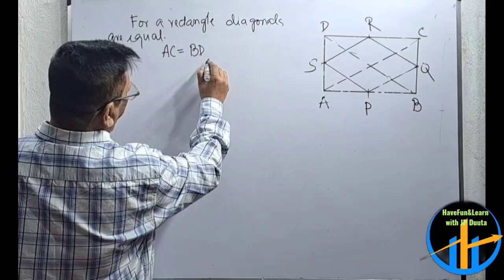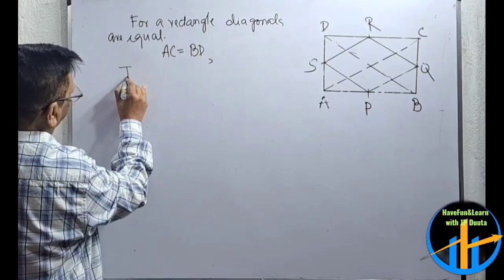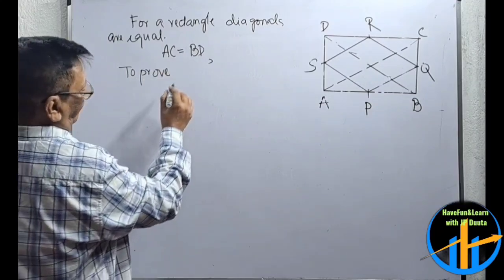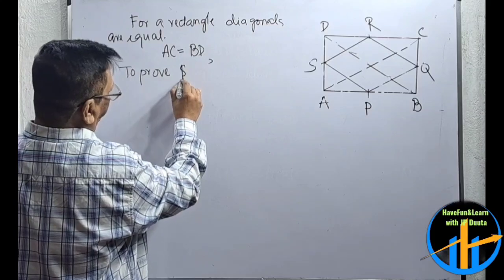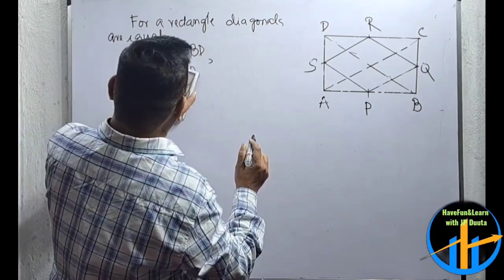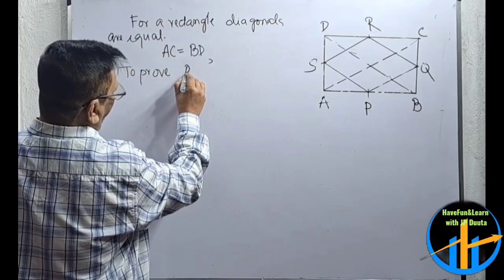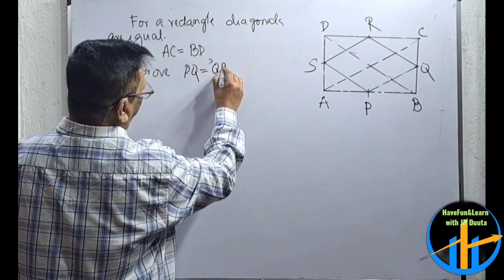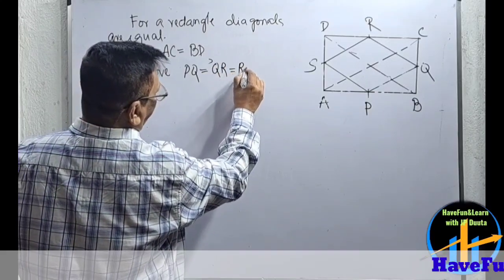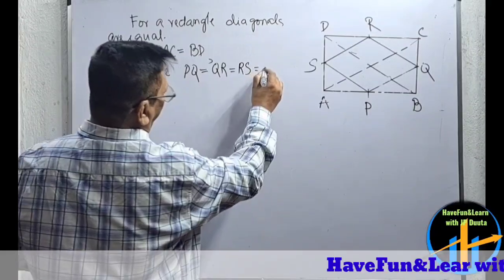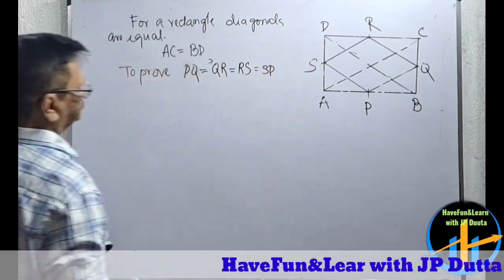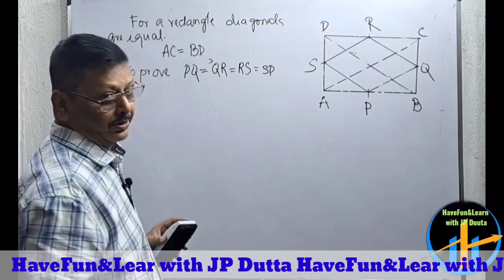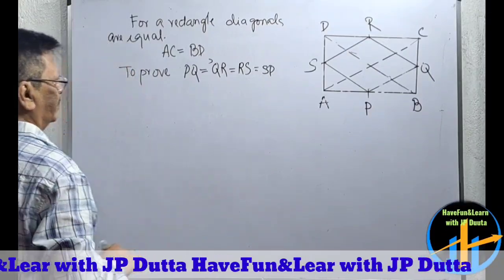To prove PQ is equal to QR is equal to RS is equal to SP. This we have to prove. Now this doesn't disprove the fact that it could be a square also. Why it is not a square? That also we will argue.